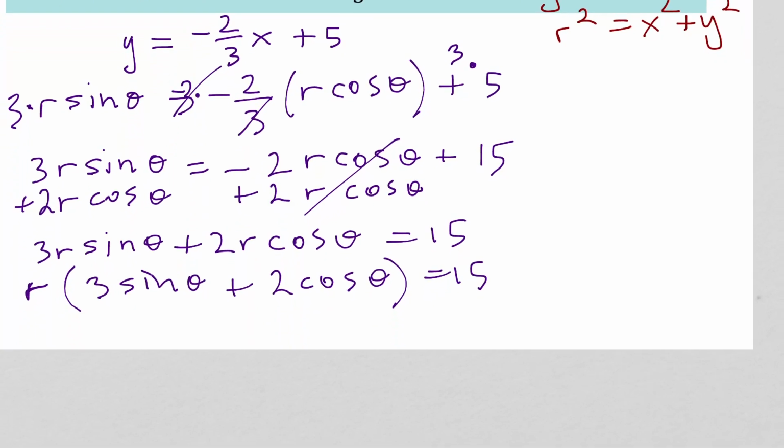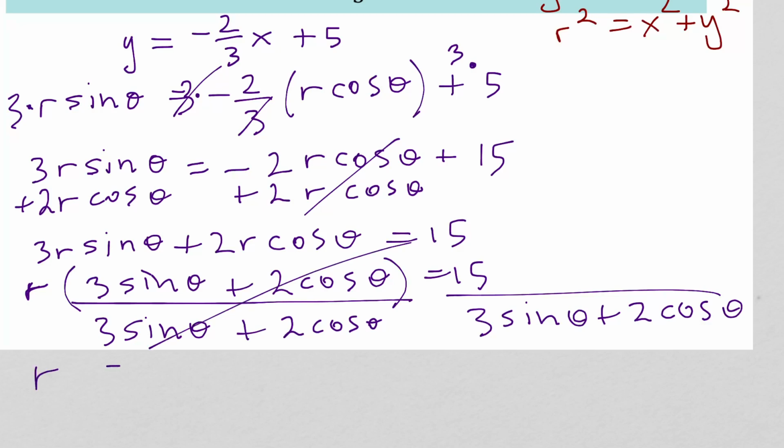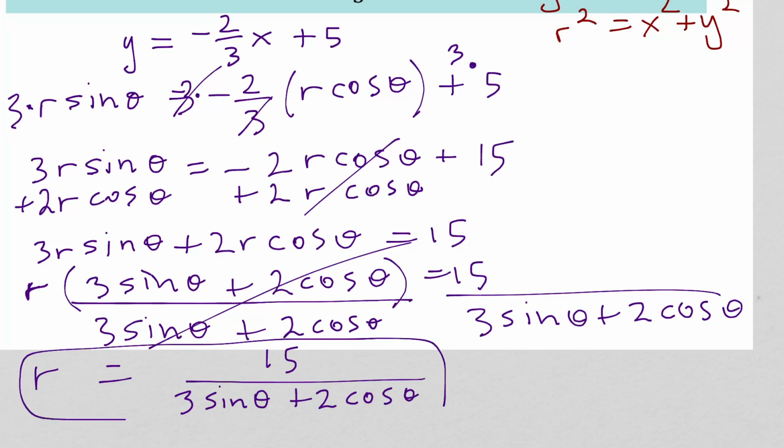So I've almost got r isolated here. Just divide by 3 sine theta plus 2 cosine of theta on both sides. And now I have r is equal to 15 in the numerator and 3 sine of theta plus 2 cosine of theta in the denominator. So this is your r of theta.